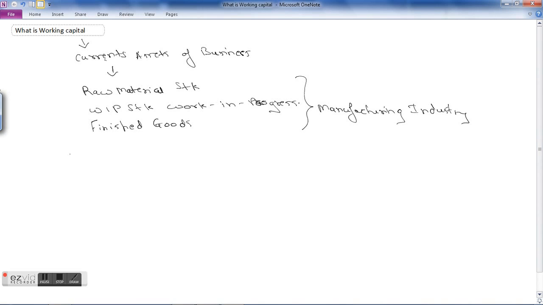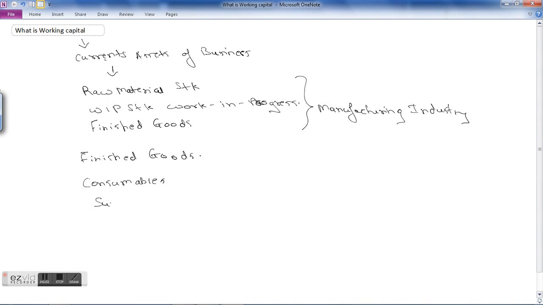Then in case of traders, there will be only finished goods. Then other stocks will be consumables, which will include your stationery and all such miscellaneous stock. This will be in the case of both manufacturing industry as well as traders.